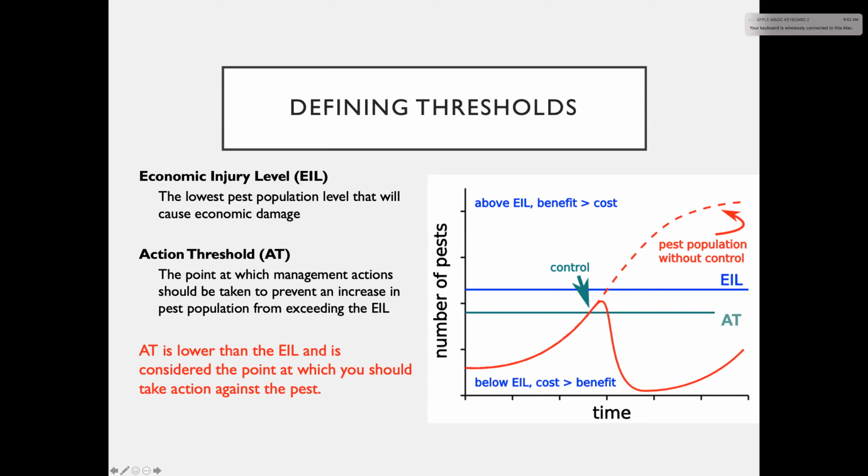Okay, the action threshold is the point at which management action should be taken to prevent increases in pest populations from exceeding the EIL where we start to lose money. Okay, so the action threshold is almost always lower than the EIL. And it's considered the point where you need to step in and start to act against the pest. All right, so how do we establish these levels?